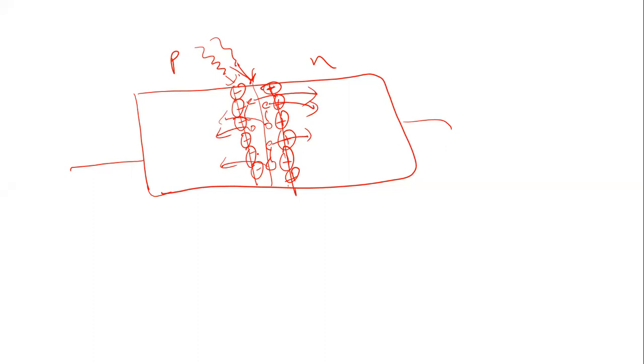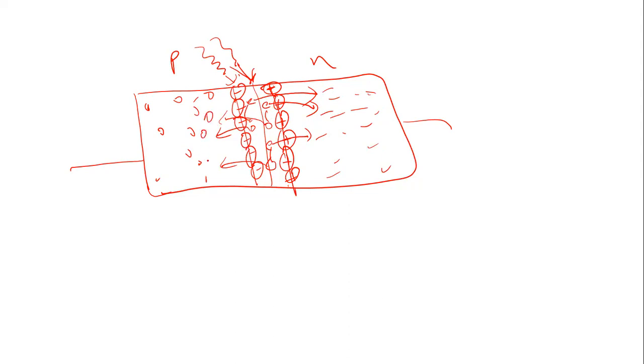There are already majority electrons and majority holes. In addition to these, there will be extra free electrons and extra holes due to the charge carriers generated by sunlight across the depletion region.